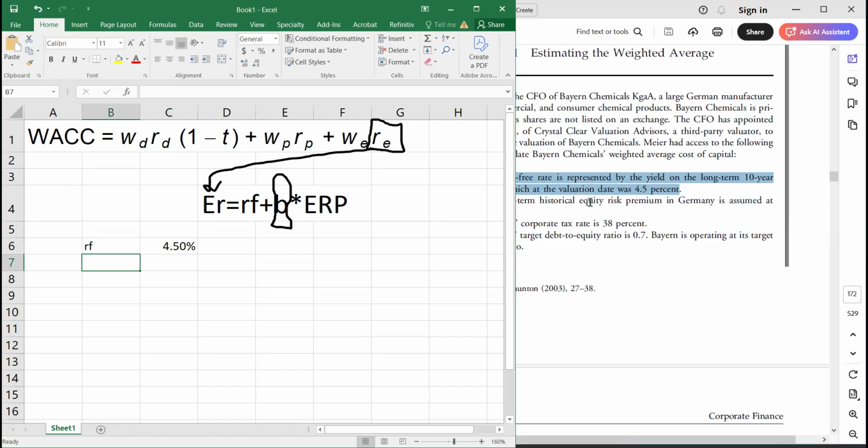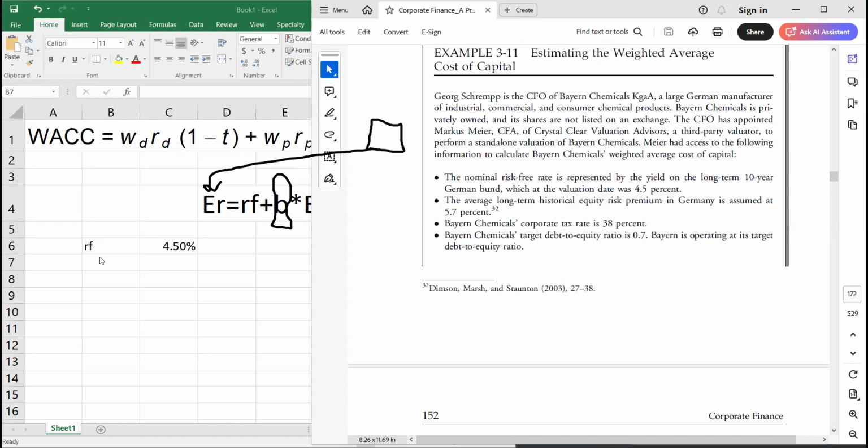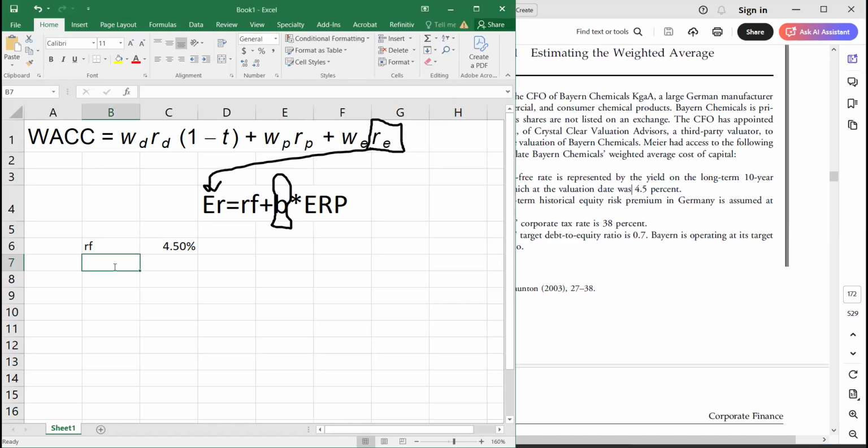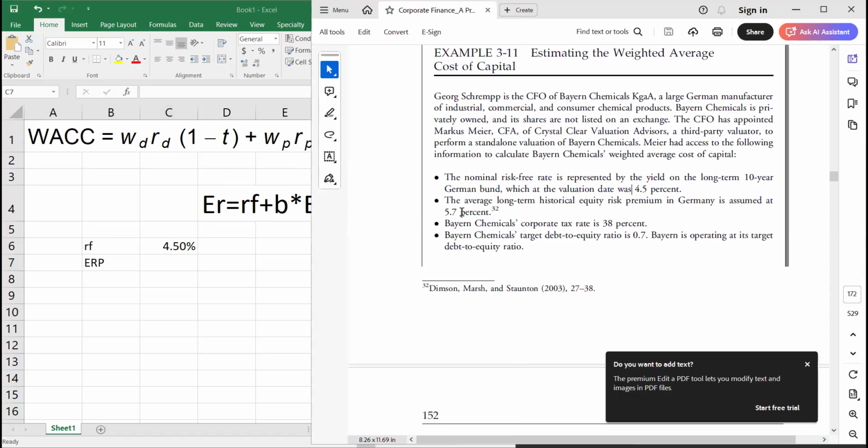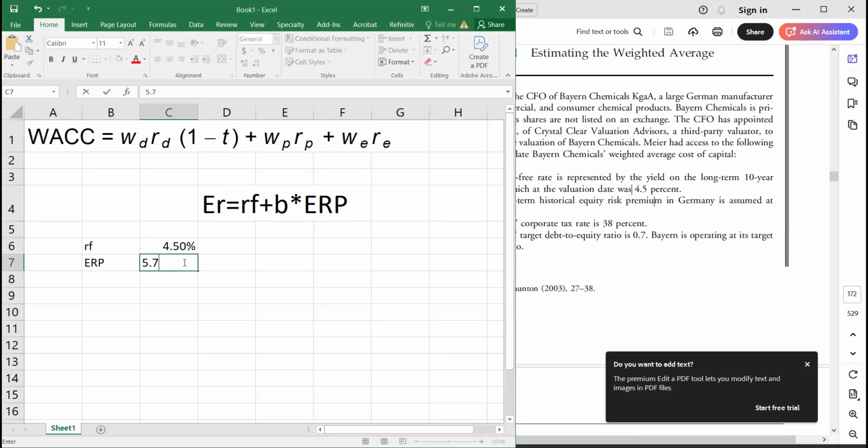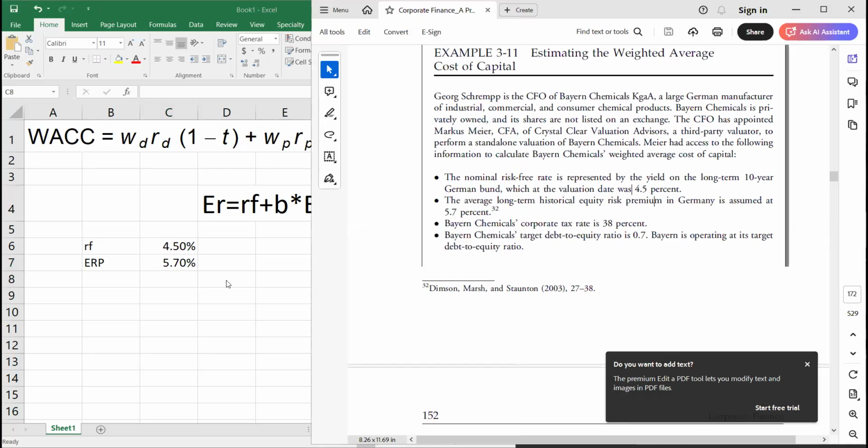The average long-term historical equity risk premium is given too. Look, all the components are given here. The risk-free rate is 4.5%, and the equity risk premium is 5.7%. And the Bayern Chemicals corporate tax rate is given.